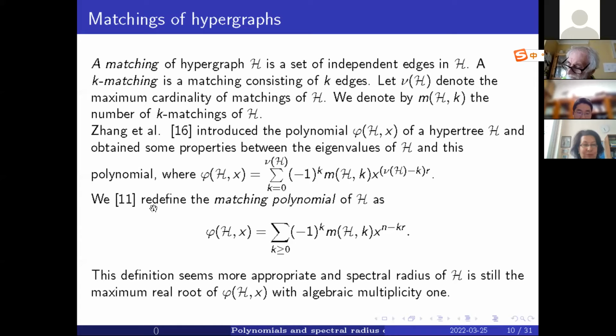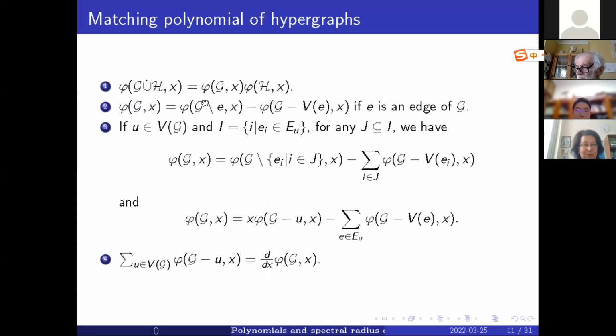We in this paper redefined the matching polynomial of H in a very similar manner. And we give some basic properties of this matching polynomial.